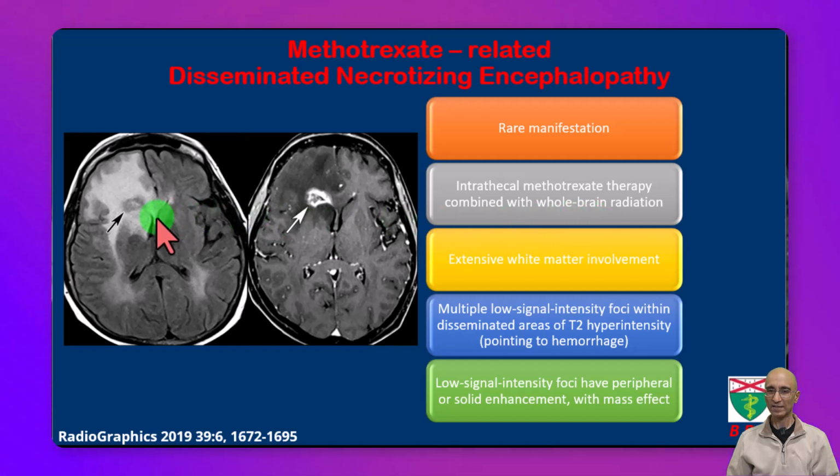Within those white matter signal changes, there can be regions of T2 low signal intensity corresponding to hemorrhage, and there can be thick peripheral or solid enhancement with mass effect, and importantly, this should not be mistaken for an underlying tumor. So it is very imperative to recognize this is a complication related to methotrexate CNS toxicity.